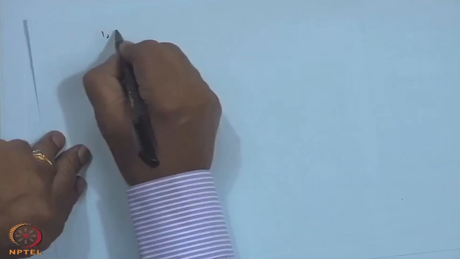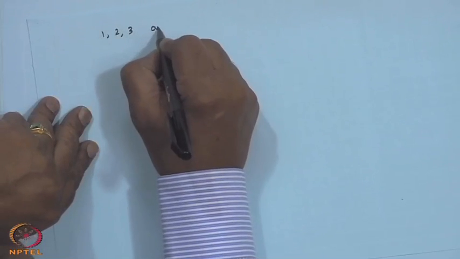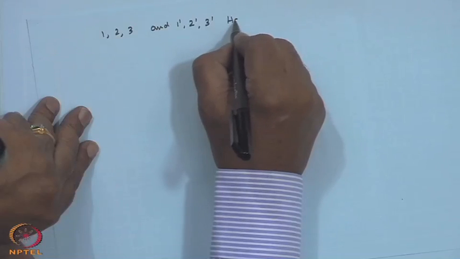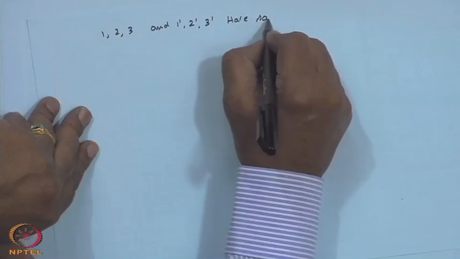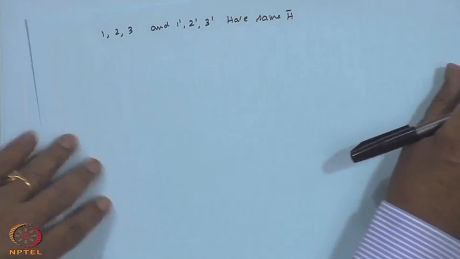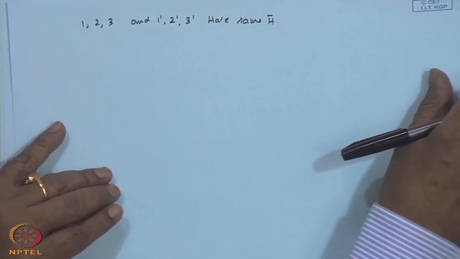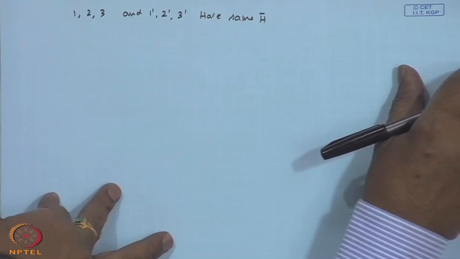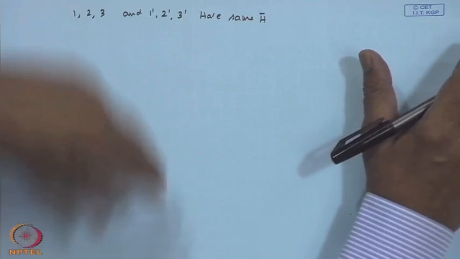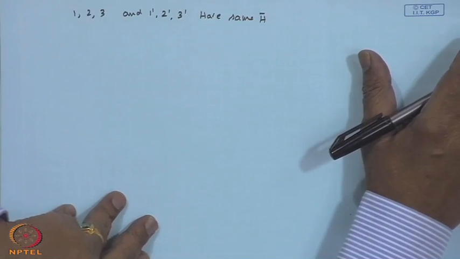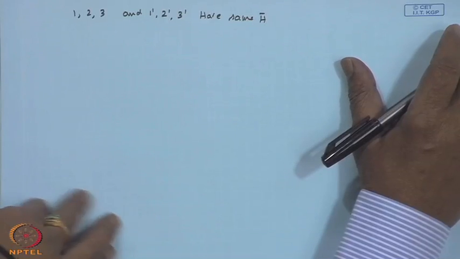So, 1, 2, 3 and 1 dashed, 2 dashed, 3 dashed have the same h bar. Let us say the average radiation of both the sets of 3 days typically, I just want to illustrate the point, they have the same average, but one has more or less uniform solar radiation and the other one has a high radiation, a cloudy radiation and sort of an average radiation, right.